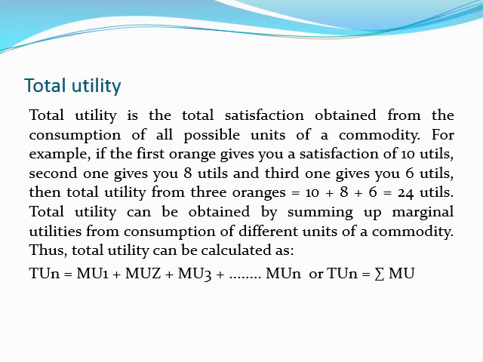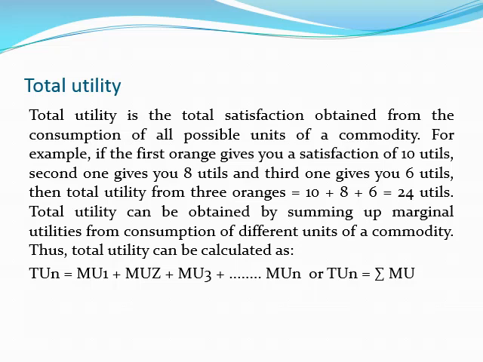For example, if the first orange gives you a satisfaction of 10 utils, the second one gives you 8 utils, and the third one gives you 6 utils, then the total utility from 3 oranges equals 10 plus 8 plus 6 equals 24 utils.